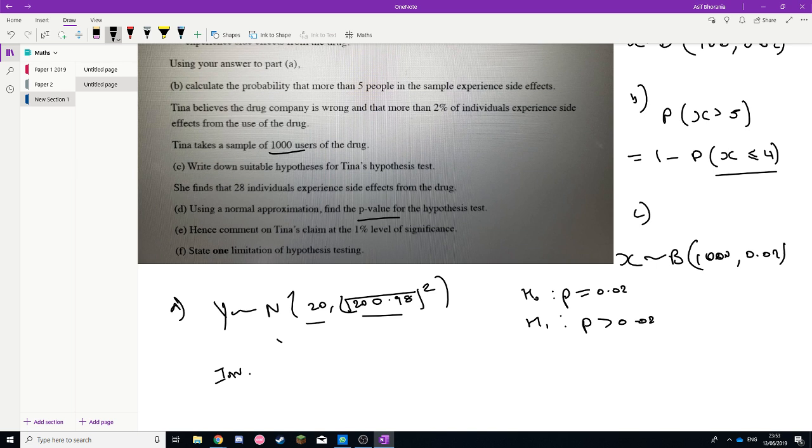I'm not sure what it means. Hence, comment on Tina's claim at the 1% level of significance. Yo, what does it mean? I'm not sure.